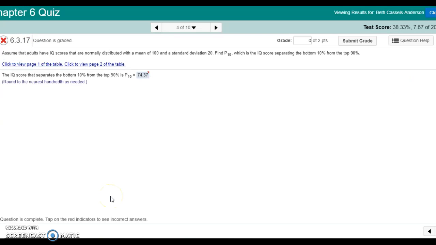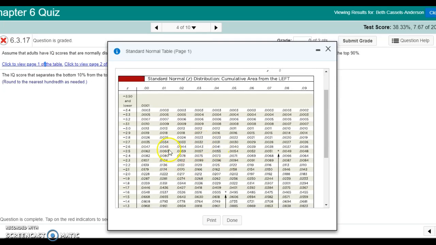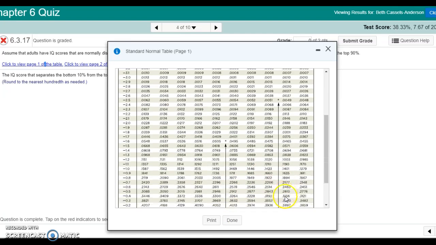So assume the adults have IQ scores that are normally distributed with a mean of 100 and standard deviation of 20. Find P sub 10, which is the IQ score separating the bottom 10% from the top 90%. In order to do this problem, we have to do what we had just done in that last problem. So what we're actually going to find is 10% inside of the table. So that means it's going to be the negative table. I want to find inside of my table the closest value to 0.1000.